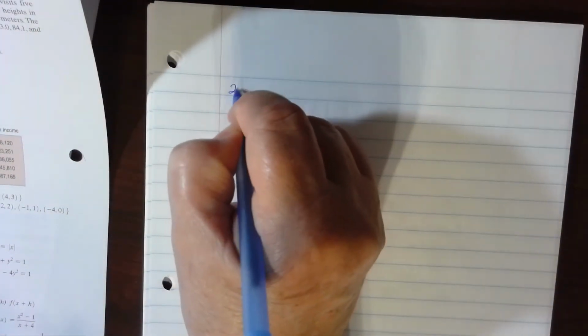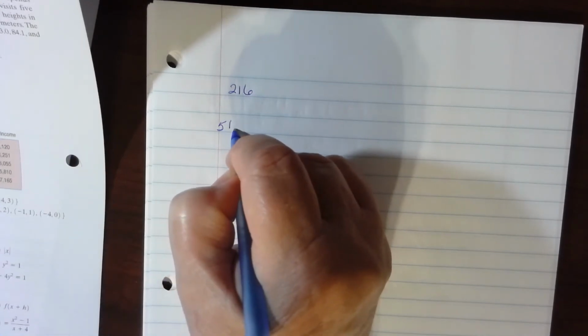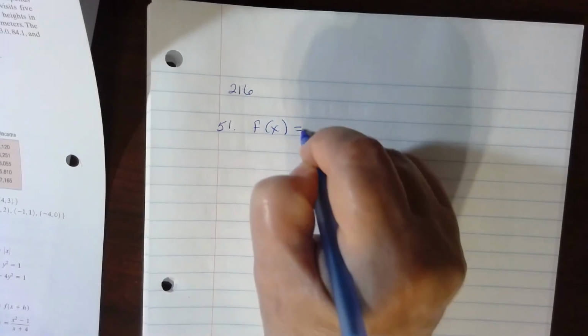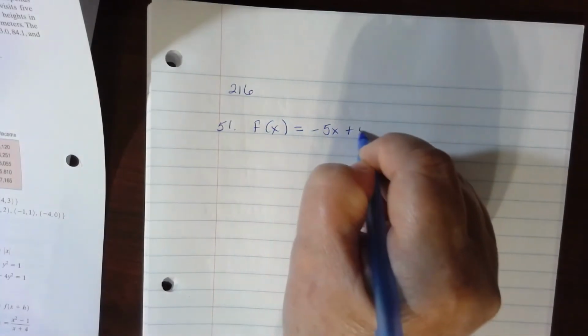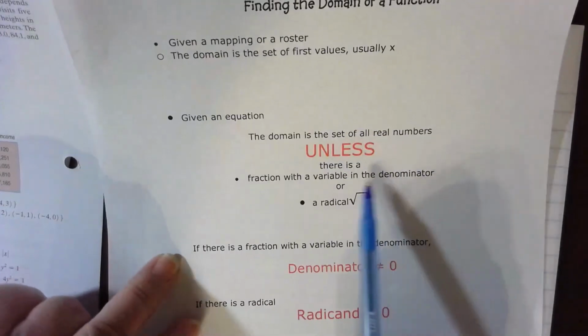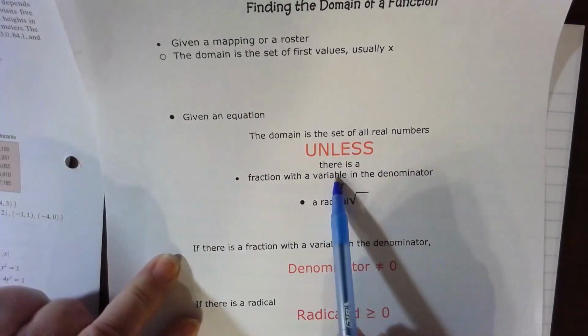I'm back on page 51. No, I'm not. I'm on page 216, and I'm at problem number 51. It gives me f of x equals negative 5x plus 4. So here's the questions I have to ask. Is there a denominator with a variable, or is there a radical?